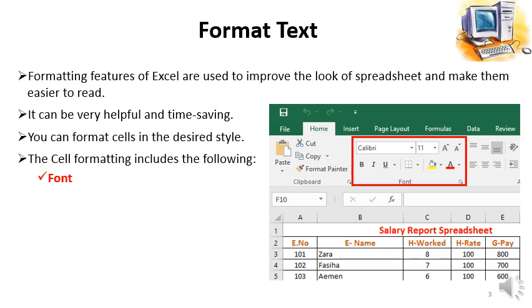Font. Here in the Microsoft Excel advanced versions, you can see that the font is given in the standard toolbar under the home tab. So the font related options are enclosed inside this red rectangle.